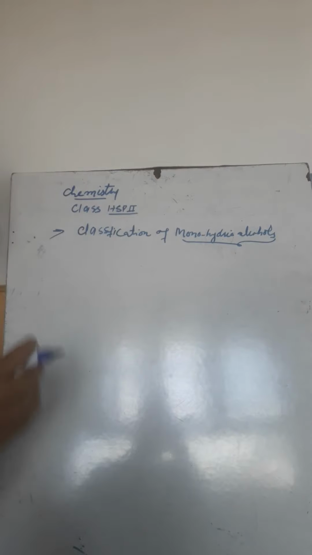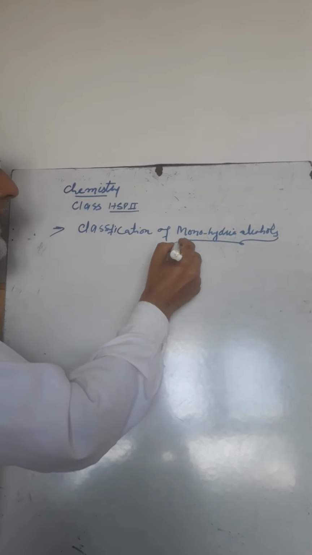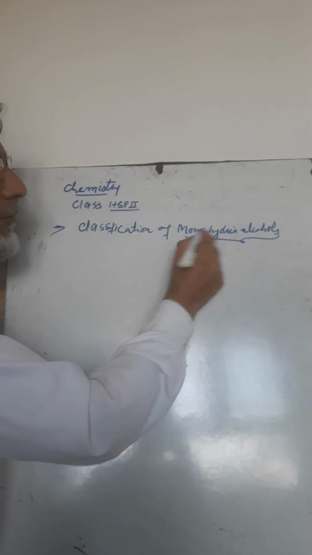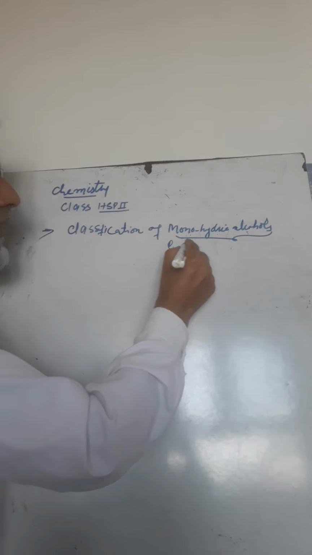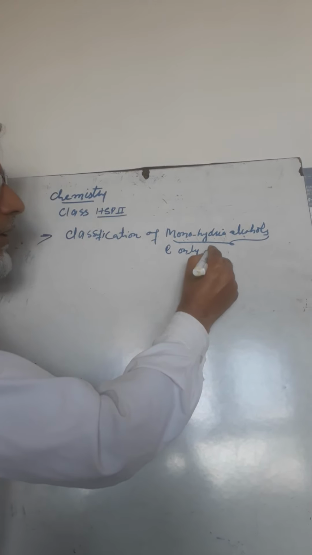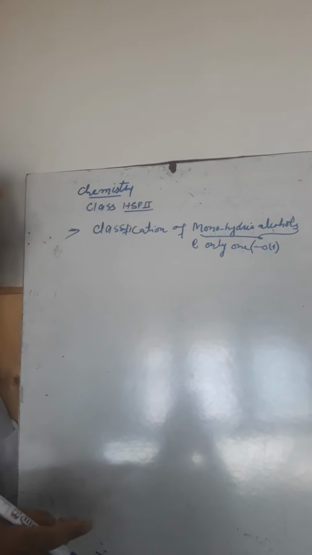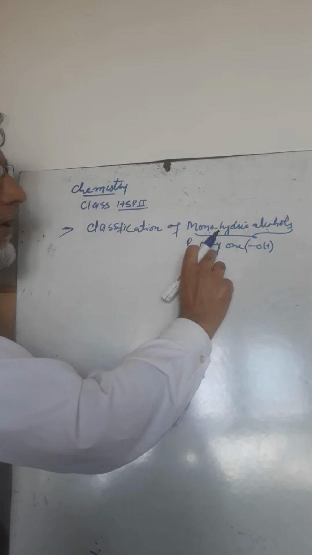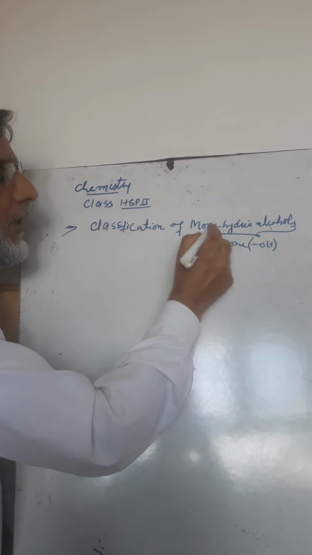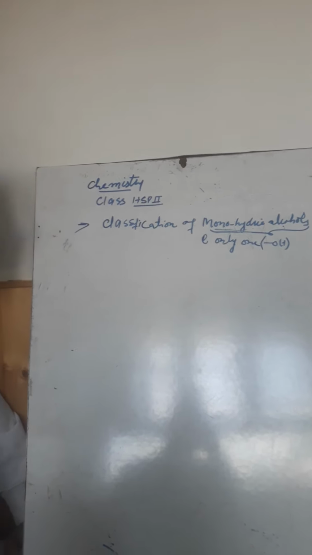As I have already told you, monohydric by name means those alcohols which contain only one hydroxyl group, right? Those alcohols which contain only one hydroxyl group are called monohydric alcohols.